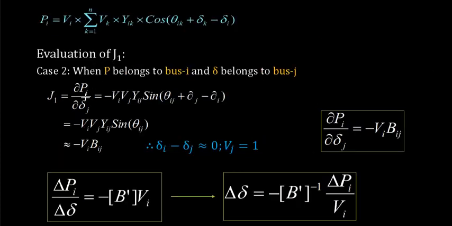Similarly, you can also take dou Pi by dou delta J, change in active power with respect to delta at another bus.